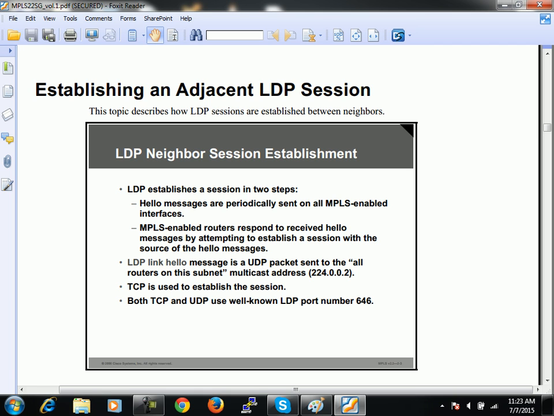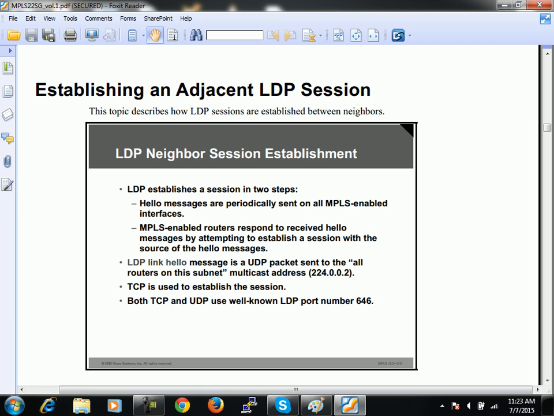Because there are two things. One, LDP will send hello messages to discover its neighbor and to maintain neighborship. Second, LDP will also exchange label information and give updates to its neighbor router. So hellos will be forwarded with the help of UDP, and then label binding information will be exchanged over a TCP connection.